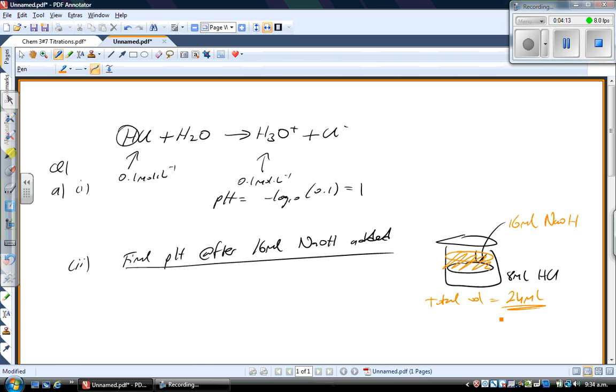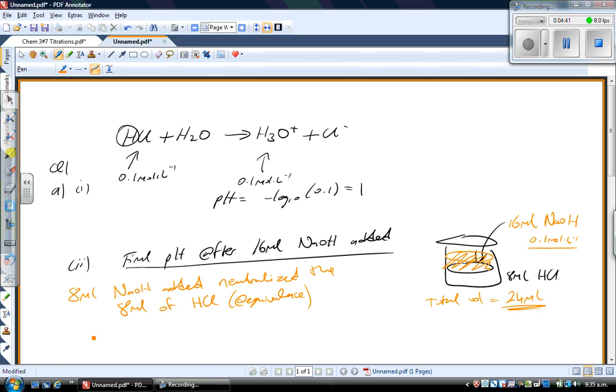So there's a dilution factor of the original 0.1 mole per liter concentration of sodium hydroxide. We also need to make the point that the first 8 mL of sodium hydroxide added neutralized the 8 mL of HCl, so that would have been at equivalence.